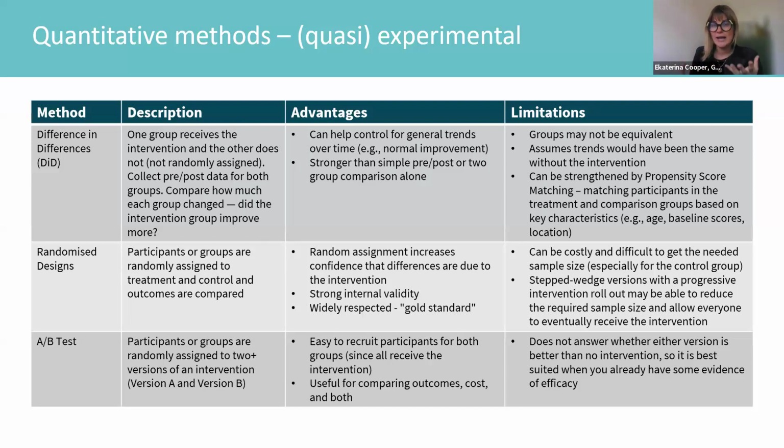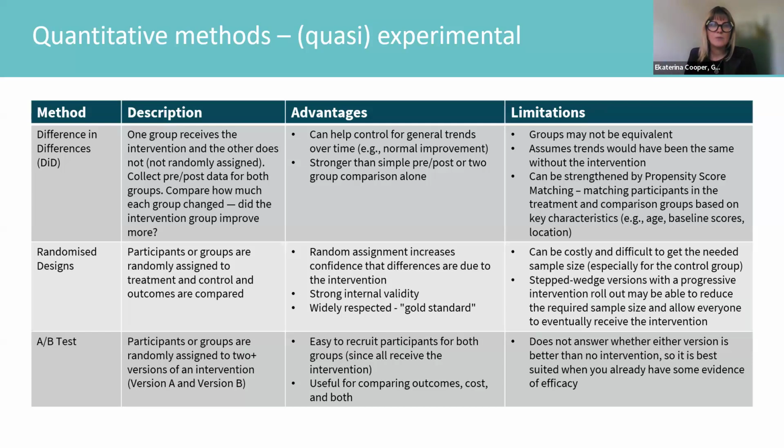However, we didn't weigh the groups. And what I mean by that is that they may not be equivalent. So we don't know who the participants in our control group are and how they are different to participants who are in the intervention group. And are there any biases or any underlying conditions that particularly can cause the results that demonstrate the change from the baseline to the end line.